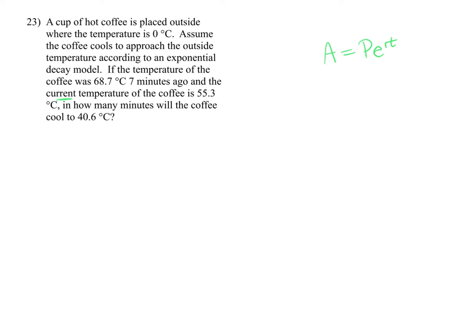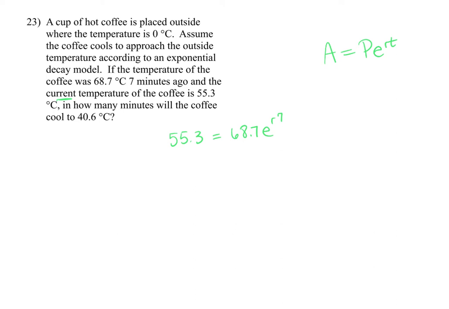So it currently is 55.3 degrees. It started out at 68.7. We don't know the rate, but we know it took 7 minutes to get there. So I really need to figure out the rate, don't I?